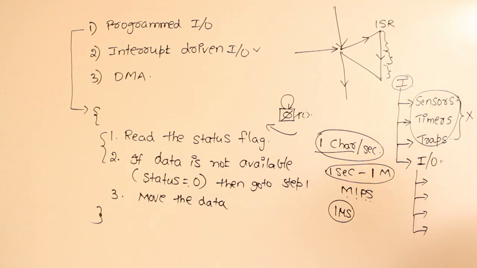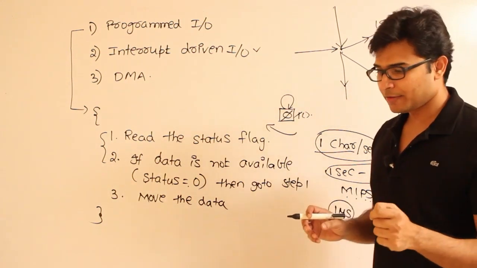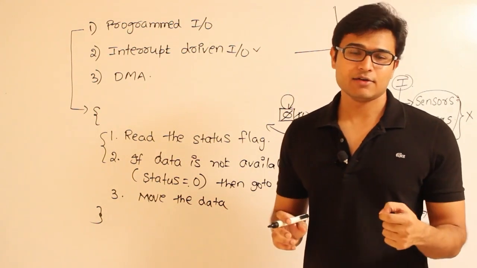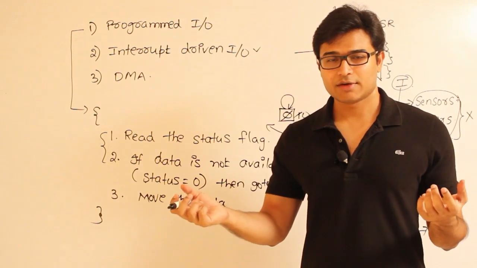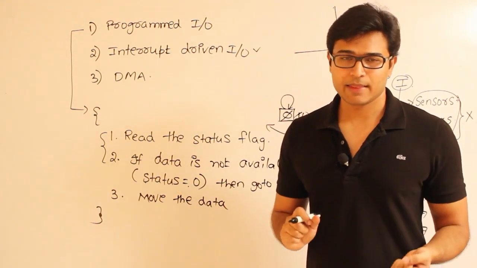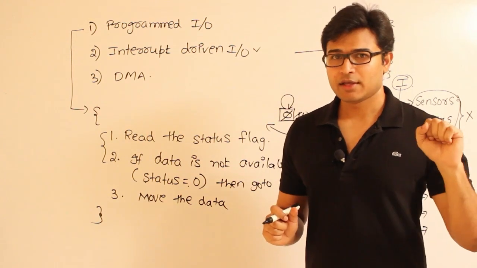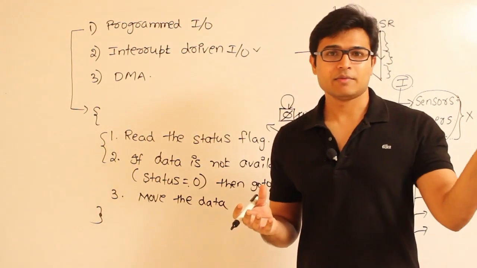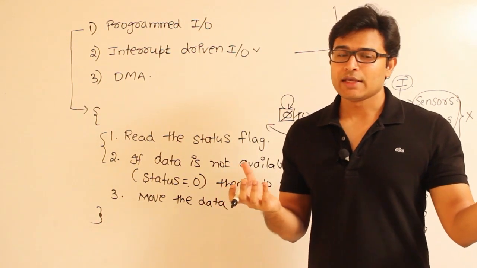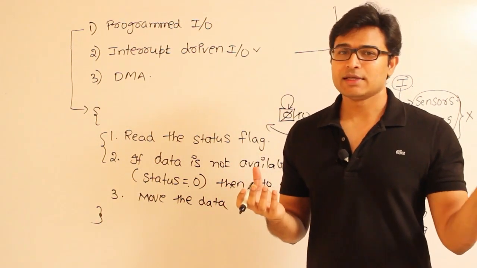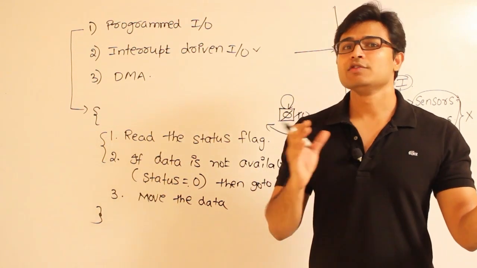Now in general, the thing is simple. When do we get the interrupt? Whenever data is ready or the IO device is ready. Let us say you have a keyboard on which someone is typing, and then you have a hard disk and it is transferring some data. Which one is faster? Generally the hard disk is faster compared to the keyboard. So if you don't process the interrupt generated by the hard disk, there is a chance that you might lose the data.